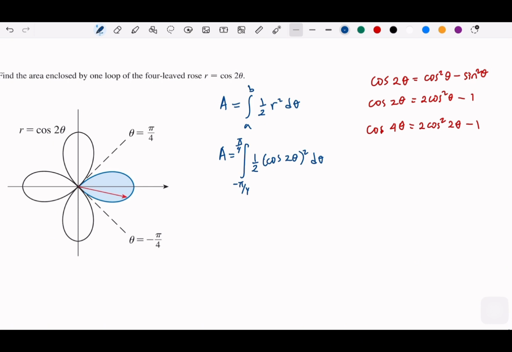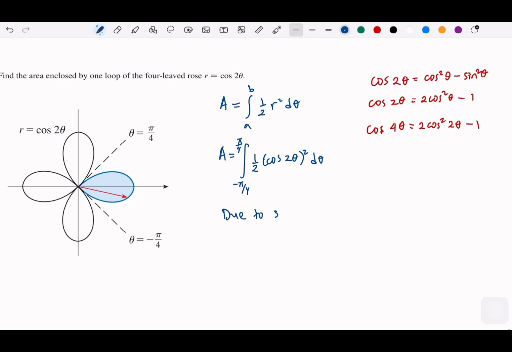What I personally like is to take this into two parts, 0 to pi/4, and multiply by 2 because of symmetry. Okay. So we can write here.